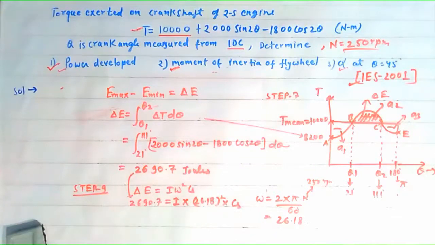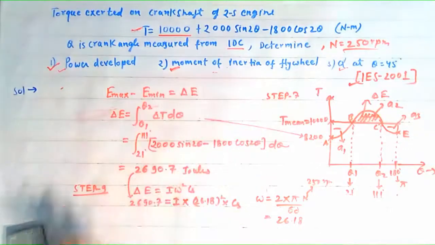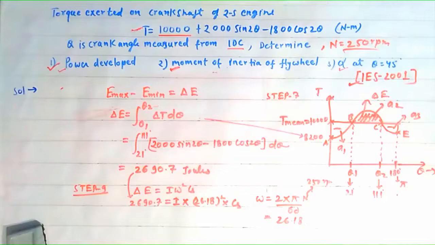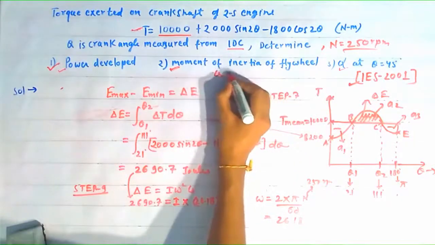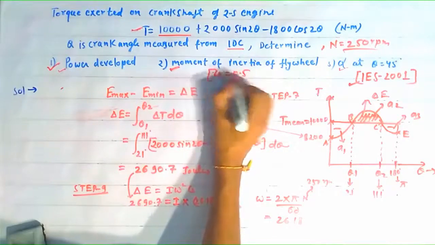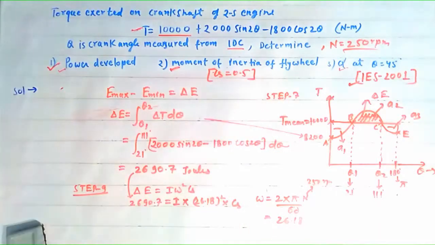Now look at how I am taking the value of Cs. I forgot to mention that the value of Cs is given in the question, and it is to be taken as 0.5 percent. You have to use this data.